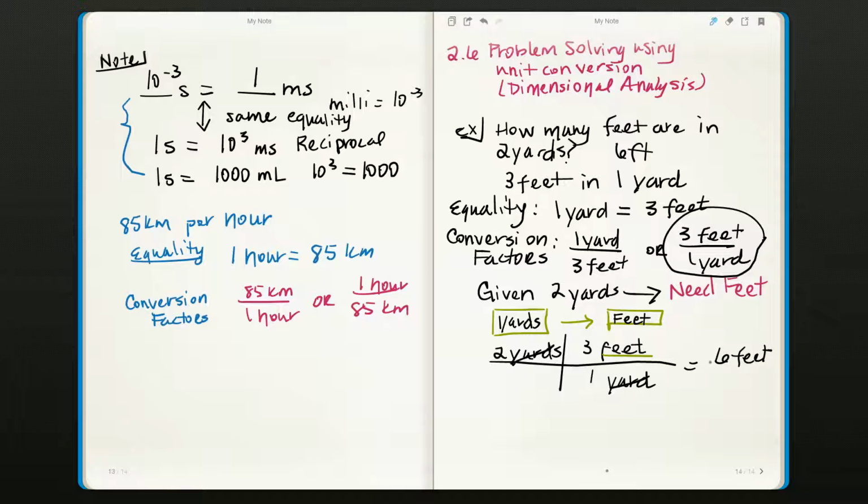So again, you always start with what you're given. You don't start with the equality. Okay, so that's important. Make sure you start with the number that you're given in the problem.